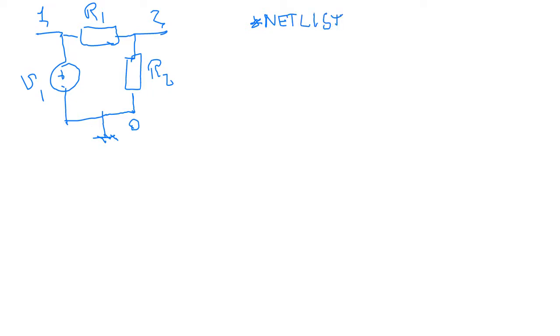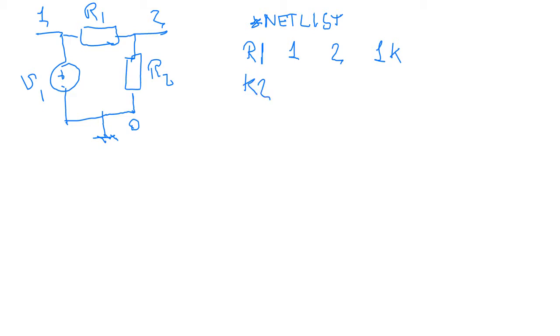Netlist, starting with a star, and then we say R1 between 1 and 2 with a value of, let's say, 1 kilo.